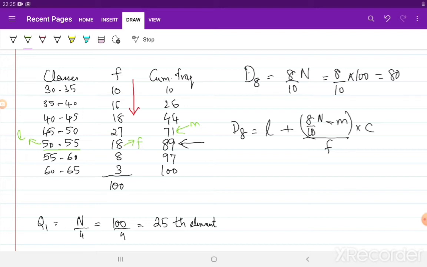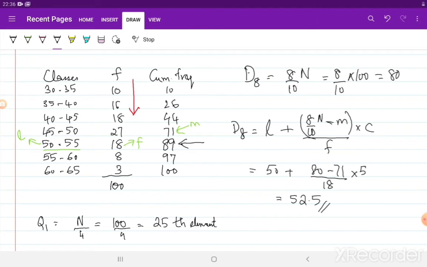So putting all these values, I will get 50 plus 80 minus 71 divided by 18 into 5, which will be 52.5.